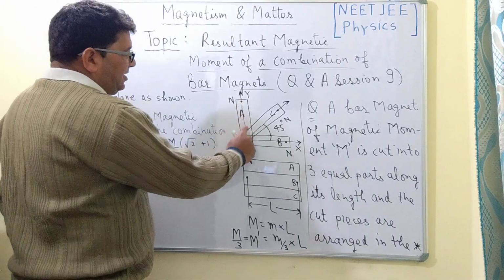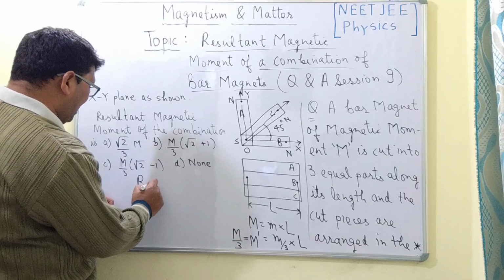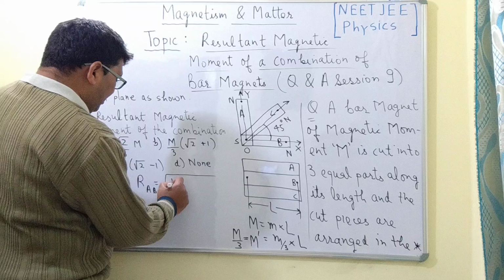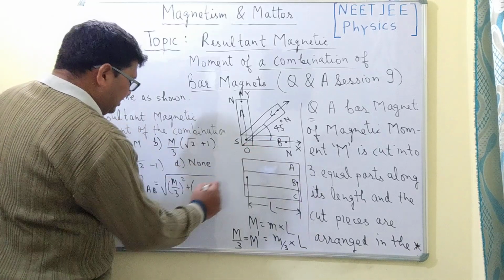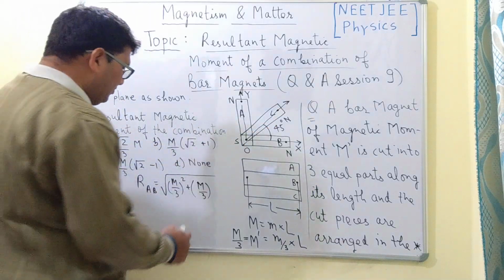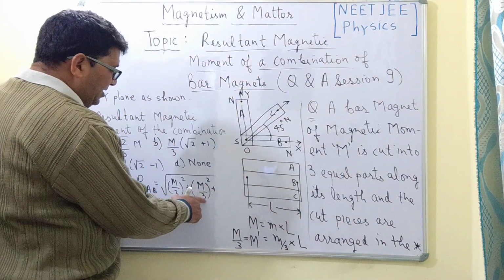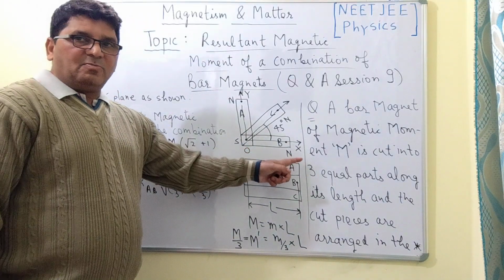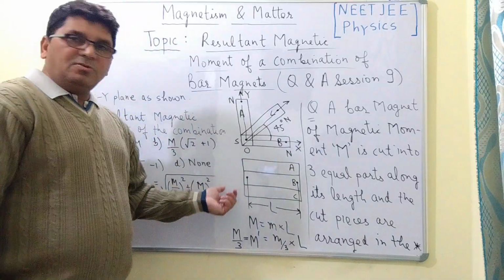First of all, we will find the resultant magnetic moment because of the bar magnets A and B. Let us denote this as R_AB. This will be equal to under root (m by 3) whole square plus (m by 3) whole square plus 2 times m by 3 into m by 3 into cos 90, because the magnetic moment of all these 3 parts are equal, which is equal to m by 3, and the angle between the directions of these 2 magnetic moments, that is due to the bar magnets A and B, is 90 degrees.